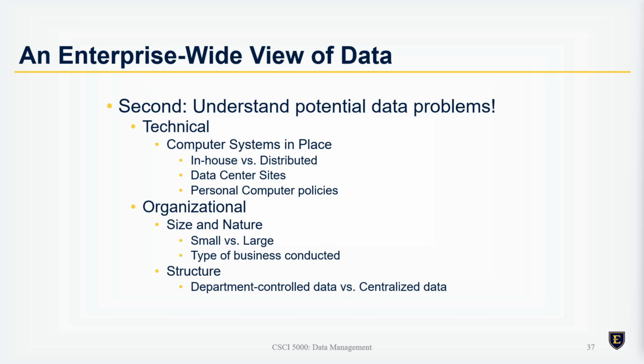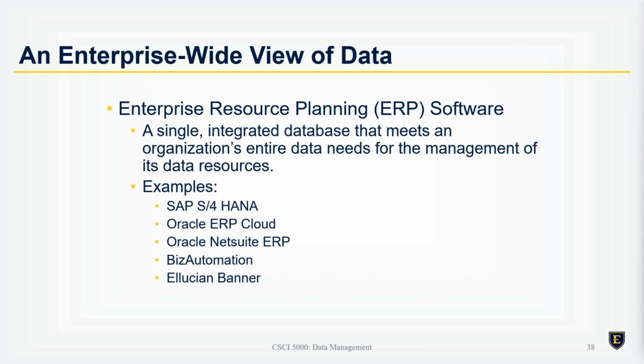We also in the United States have FERPA, which is a law that is geared toward student records. And just like HIPAA, it is very prescriptive in what you can and cannot share and to whom you can share it. So understanding those types of things and understanding how your data can and can't be shared could lead to the data management plan that you come up with. It certainly would be very important to it.